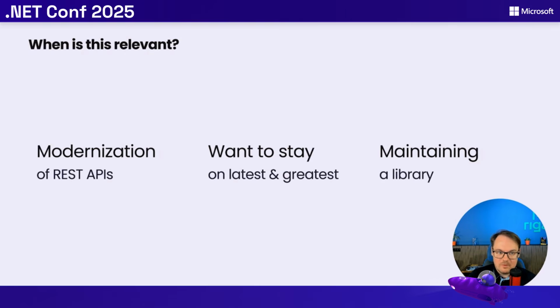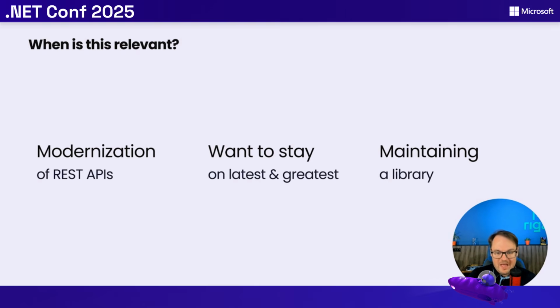The things I will be describing are relevant for you if you are trying to modernize some REST APIs. Typically, if you have a web application written in .NET Framework, which is using ASP.NET Web APIs, and you are trying to migrate it to the new ASP.NET Core, because then probably you will switch to the new library as well.